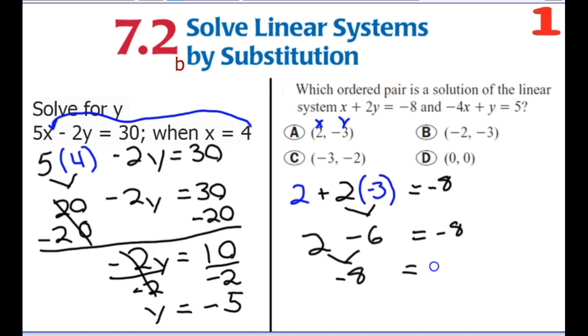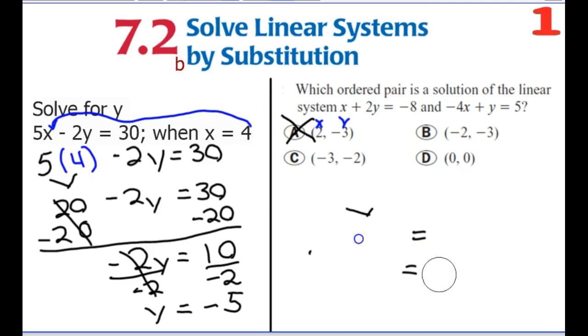Oh, sorry, 2 minus 6 does not equal negative 8. That equals negative 4. Negative 4 does not equal negative 8. So we know that our first point does not work already. We don't even need to put it into the other equation.